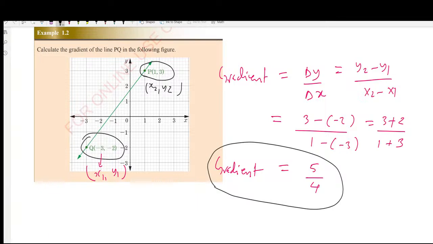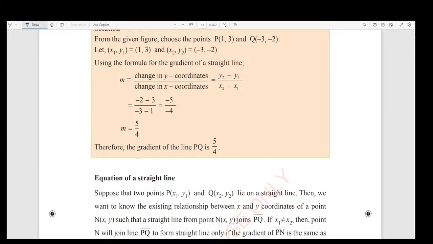So dear students, that is how we are calculating the gradient of a given line. And so that is basically how we are calculating gradients of any given 2 points. Of course, this is just an introduction session. In the coming session, we are going to see how we can find the equation of the straight line. So until that time, do as many questions as possible.